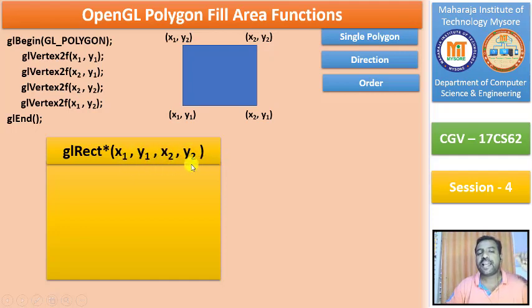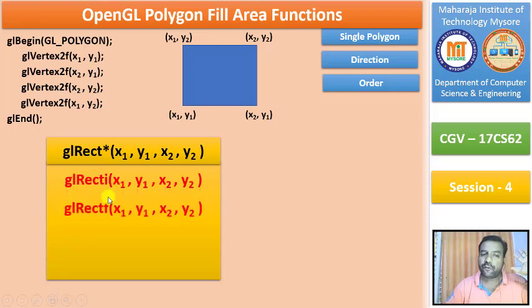If I'm passing an array as a parameter, I need to use the second character, that is v. Hence this star will be replaced with i if I am passing integer values of x1, y1, x2, y2. But now I'm not using any arrays or vectors here, hence I'm just using GLRecti.